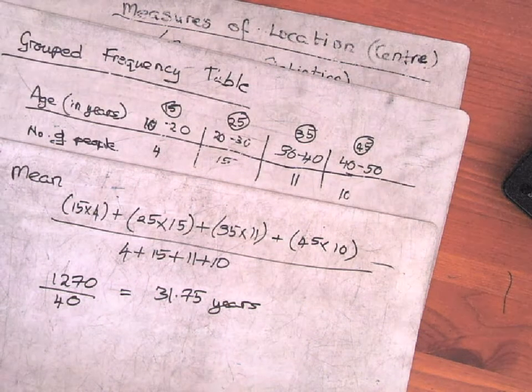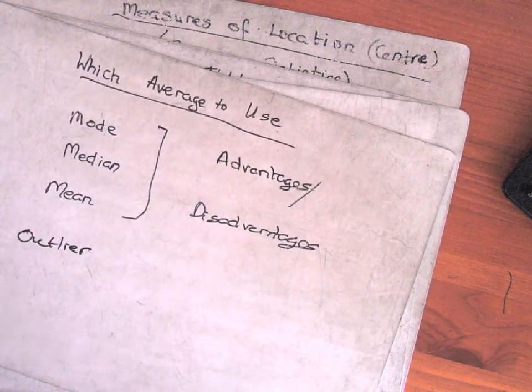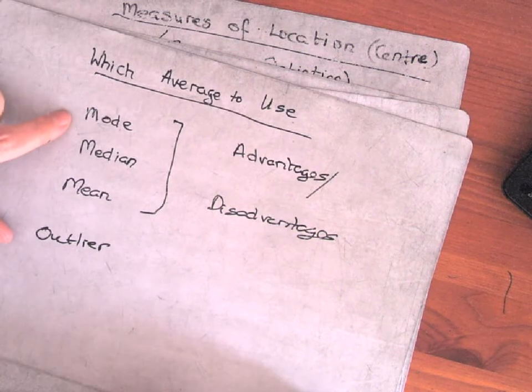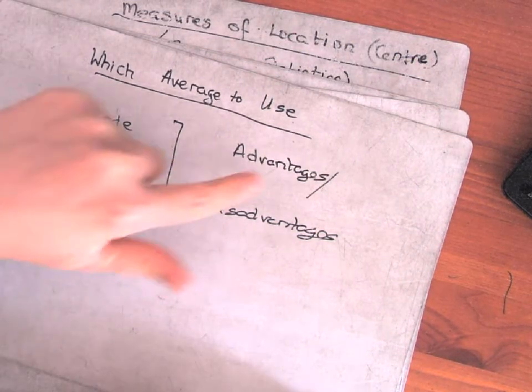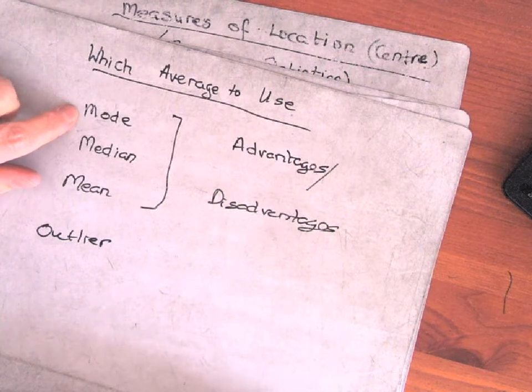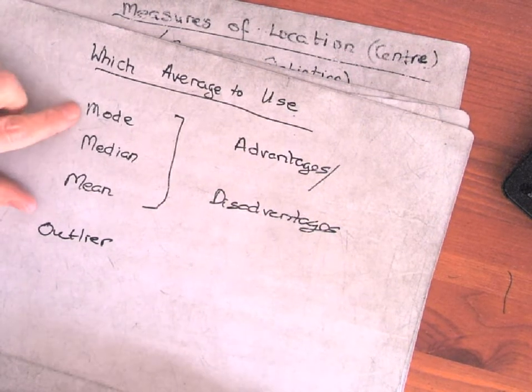Finally in this section, which average to use. There are advantages and disadvantages to each one. I haven't written them out, so when you're writing these into your notes, write out an advantage and a disadvantage of each one. The advantage of the mode is it's very easy to find.